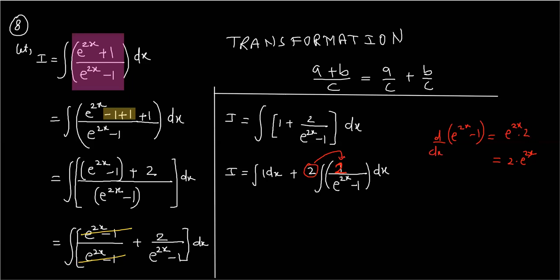So since we already have 2 here, the only thing that we need to do is what? Multiply e raised to 2x. And since we are multiplying e raised to 2x, we will divide by e raised to 2x.